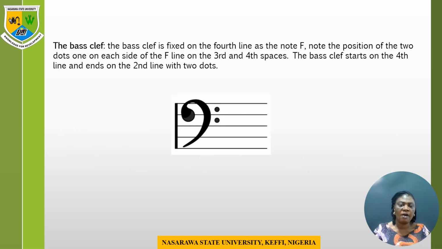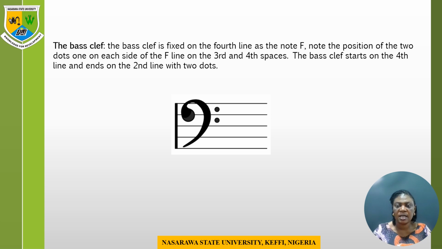The next one we have is the bass clef. The bass clef is fixed on the 4th line as the note F. You should note the position of the 2 dots on each side of the F line. That is the 4th line. We have 2 dots that are positioned on the 3rd and the 4th space.